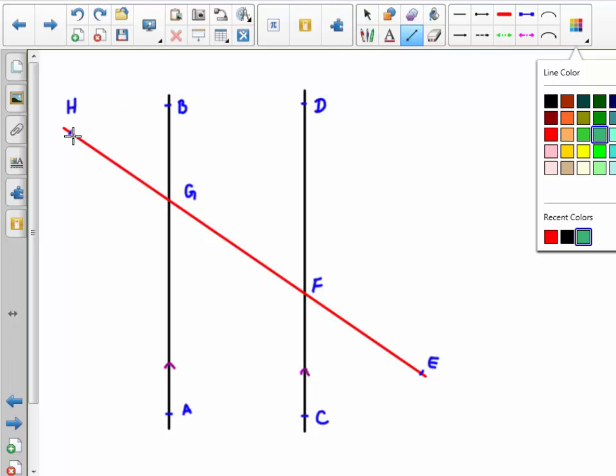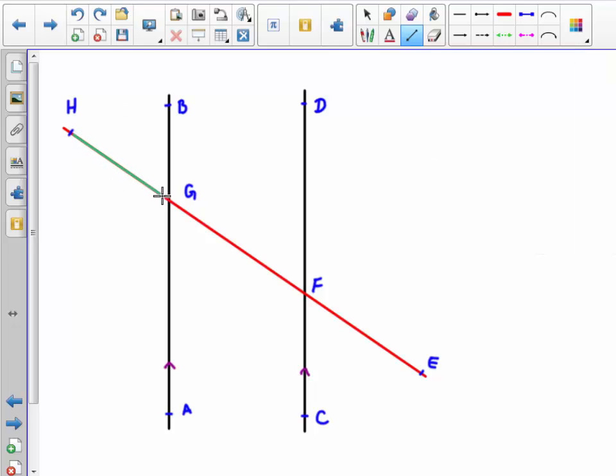If I take this part, H, G, and A, and this part G, F, and C. Can you see this green line? It makes an F pattern: H, G, F, and G, A, G, C. So if I draw these two angles, they are like that. And here we go, they compose the F pattern.